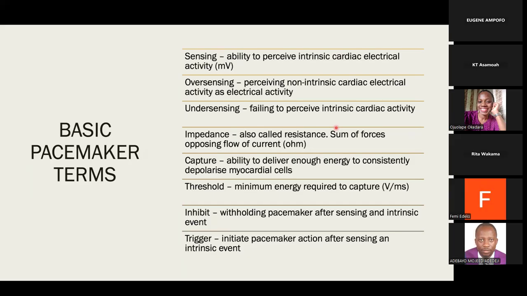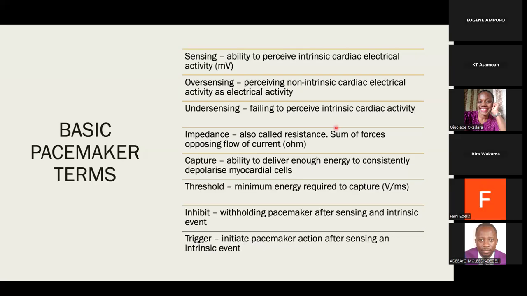Impedance is also called resistance and is the sum of forces opposing the flow of current. Capture is the ability of a pacemaker to deliver enough energy to consistently depolarize the myocardial cells. So you're looking at a consistent depolarization that translates into mechanical activity.